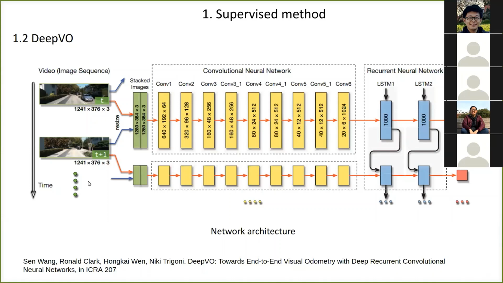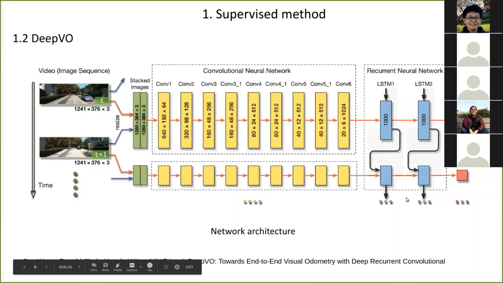They stack these two images together and use the information of two frames and put it into a convolutional neural network, 6-layer, very simple neural network, and then put this feature into the recurrent neural network. And this recurrent neural network will also have the information of the next two frames, and then get this camera pose finally. Okay.